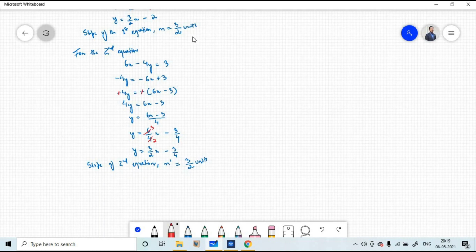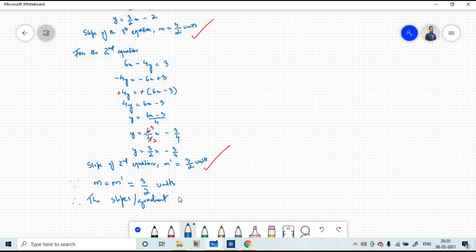Now we can observe that the slope of the first line is equal to the slope of the second line. Hence, we can write down, since m is equal to m dash, which is equal to 3 by 2 units, therefore the slopes or gradients of the two lines are equal and the two lines are parallel.